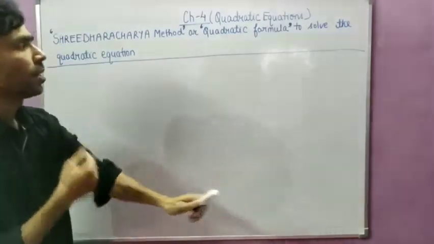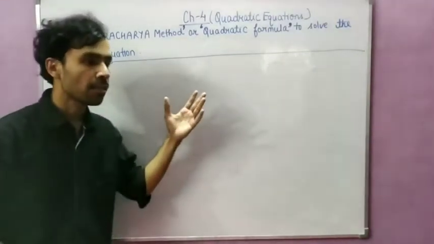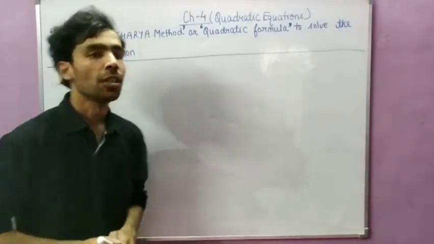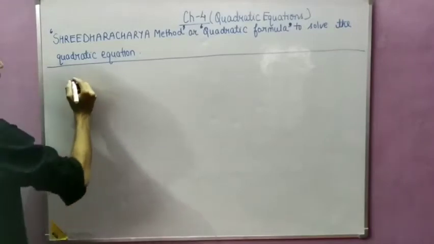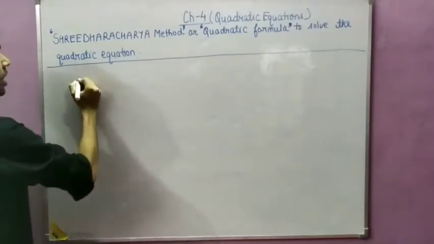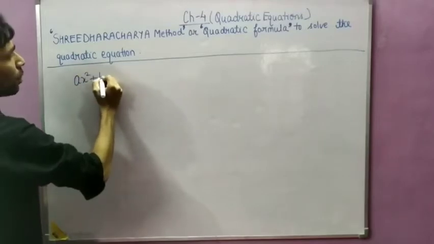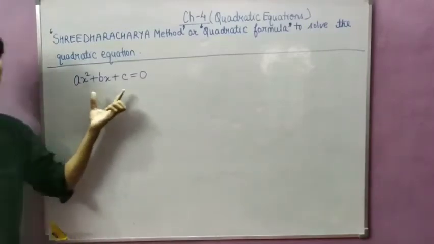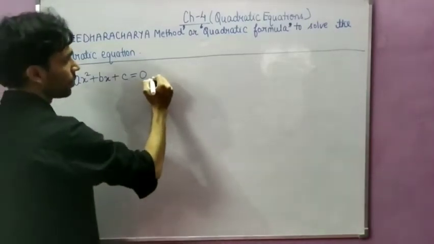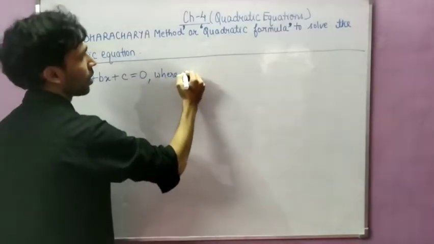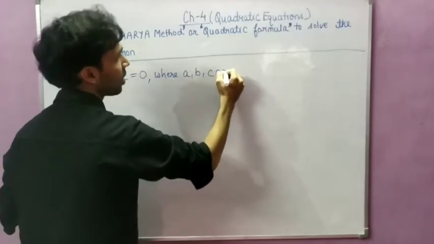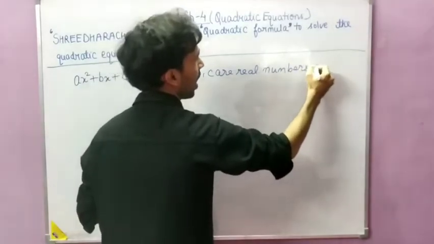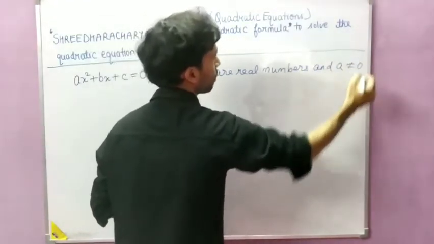So what is this method? Students, when I started this chapter, I told you the general form of a quadratic equation. So what is the general form? Any quadratic equation can be written as ax square plus bx plus c equal to 0, where a, b, c are real numbers and a is not equal to 0.